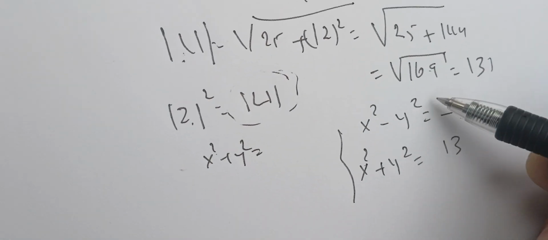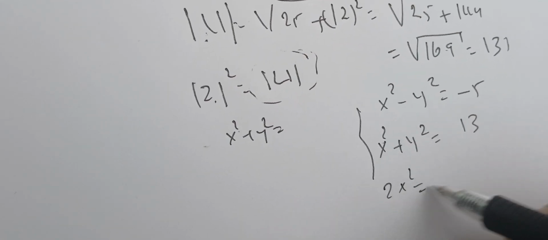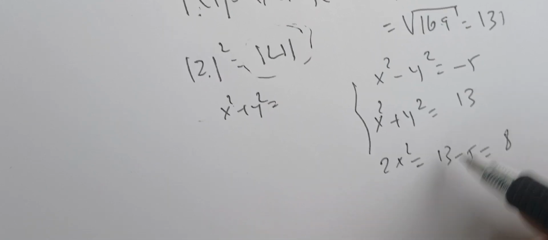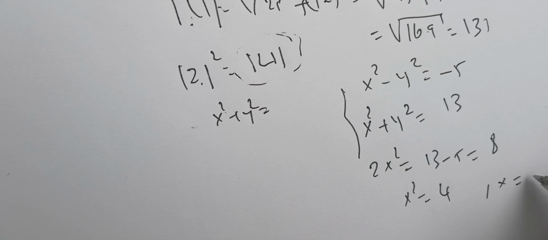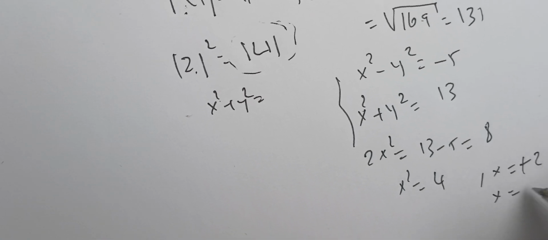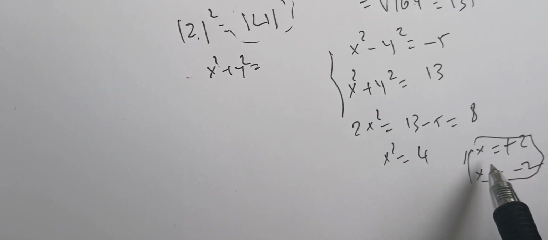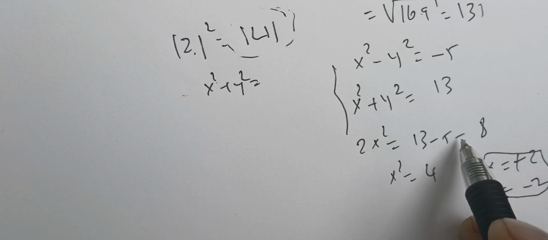Now we can solve easily by adding the two equations. I get 2x squared is 13 minus 5, which is 8. That means x squared is 4, so x is plus 2 or x is minus 2. Once I have x, I can solve for y.